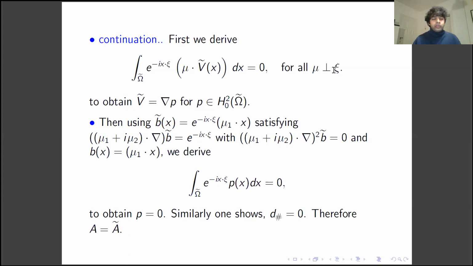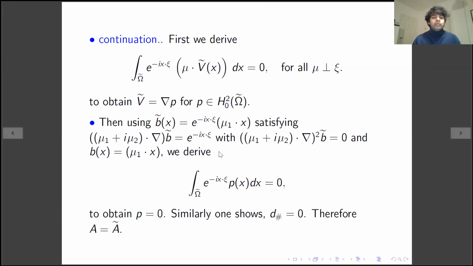That is the thing I was mentioning: next time you choose e to the power minus i x dot psi and mu1 dot x, such that mu1 plus i mu2 dot grad v tilde is only e to the power minus i x dot psi. But if you do the square, then it becomes 0. The advantage is that if you plug it here and do this integration by parts once, you end up with e to the power i x dot psi dx equals 0. And from there, you can again conclude p is 0.